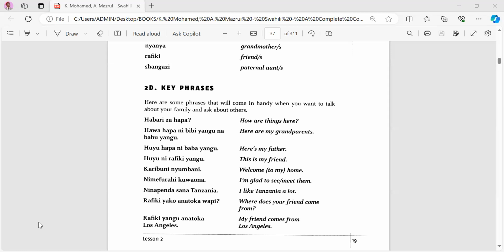In English, you cannot know whether you are saying plural or single, you just say you are welcome. But the word karibuni in Kiswahili means more than one person is invited home. So karibuni nyumbani means welcome home or welcome to my home. Let's proceed.